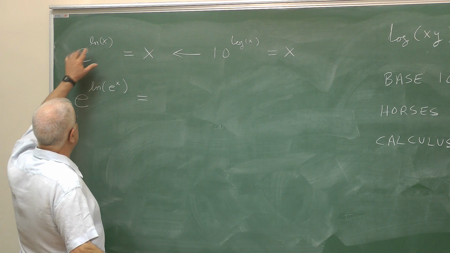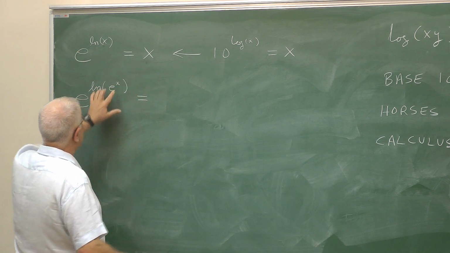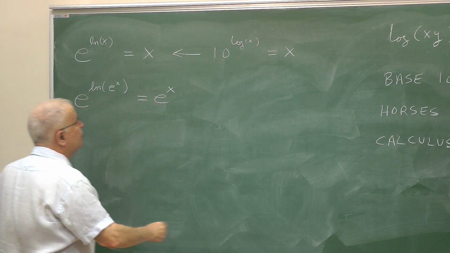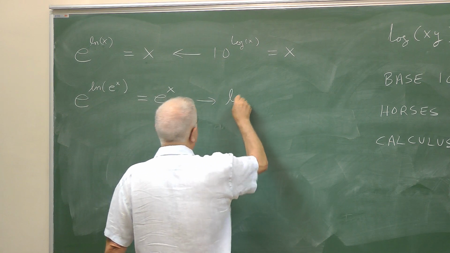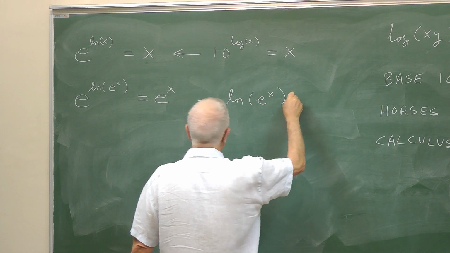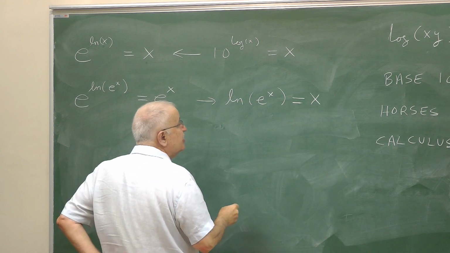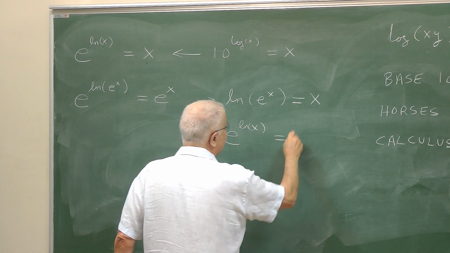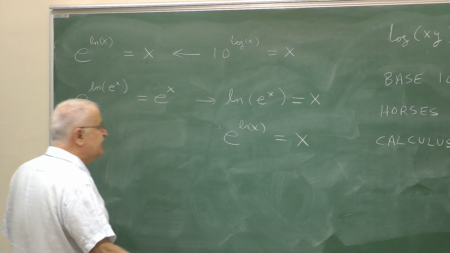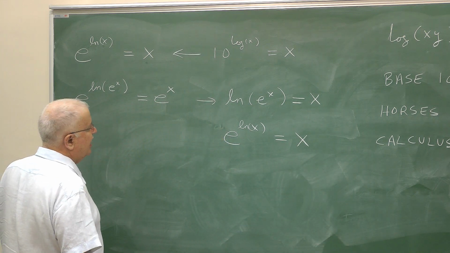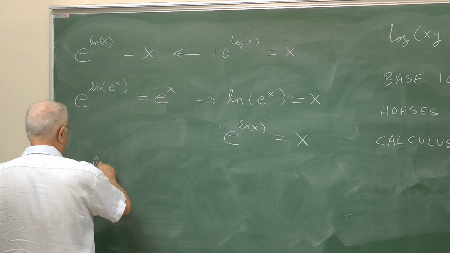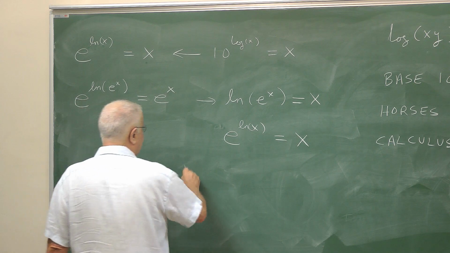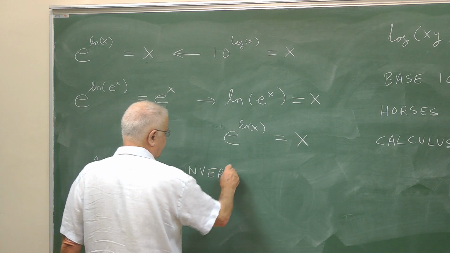Now, if e to the ln something is that thing, so this will be e to the x. So comparing the powers, ln e to the x is x, just like e to the ln x is x. Obviously, ln and exponential are inverse functions of each other.